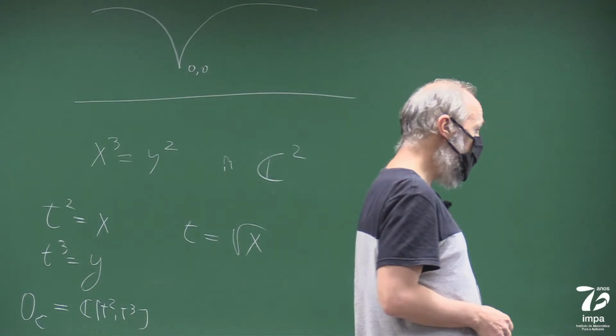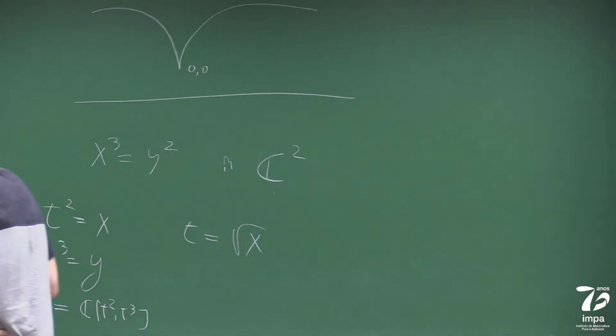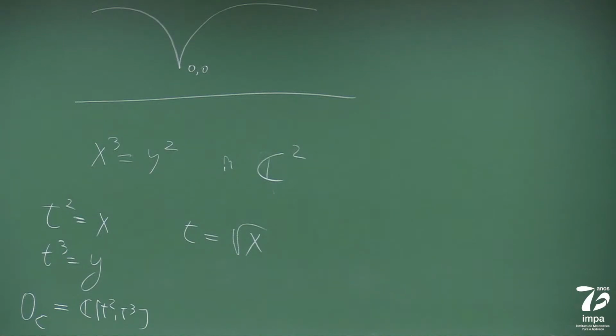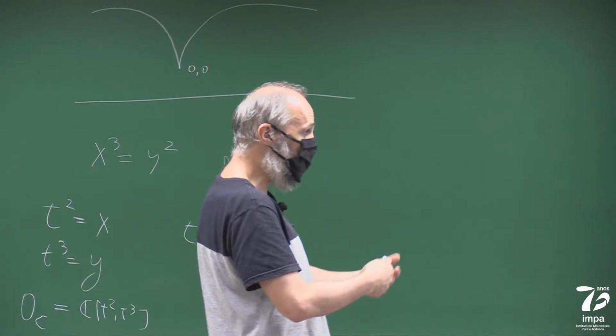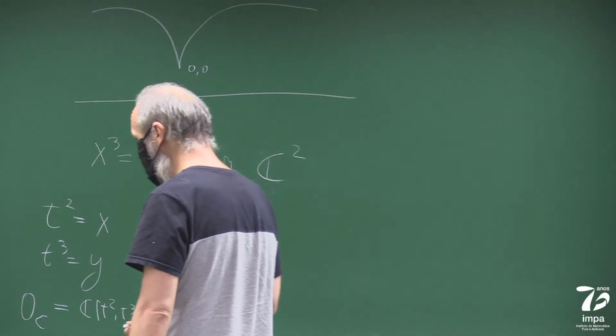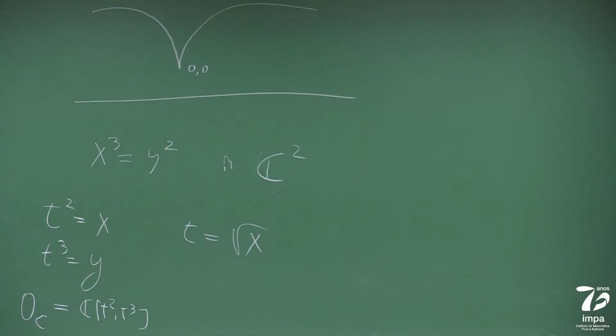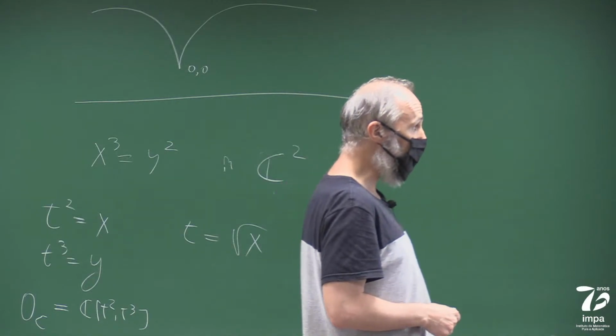Okay, so now I'm going to present a bit of background for what happens when you are interested not in the ring of regular functions, but in the corresponding field of fractions of regular functions. What kind of geometry do we obtain when we restrict ourselves to the field of fractions instead of the ring of regular functions?